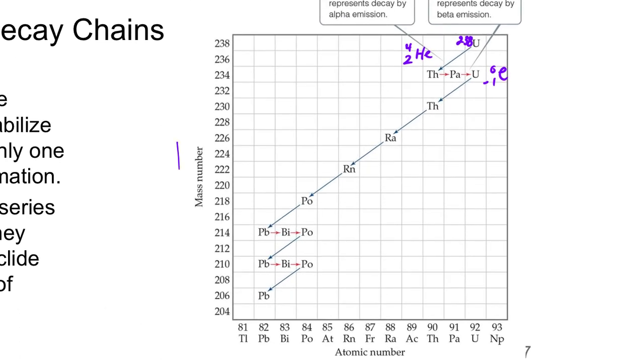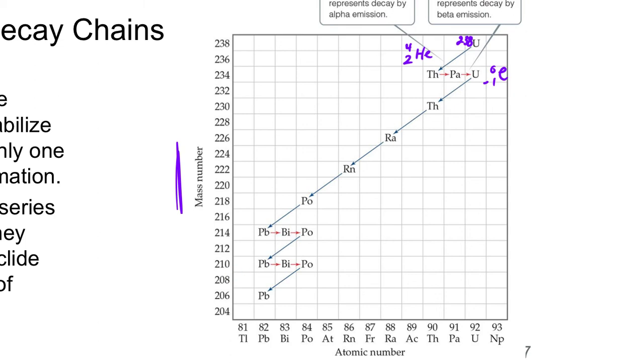In this plot, we have mass number and atomic number, so that's why it's shown this way. When we undergo a beta emission, the mass number doesn't change, right? Because there's a 0 in our mass number area. But the atomic number does change, and it increases because we're essentially forming a proton from a neutron. And when we release our alpha particle, both the atomic number and mass number change.